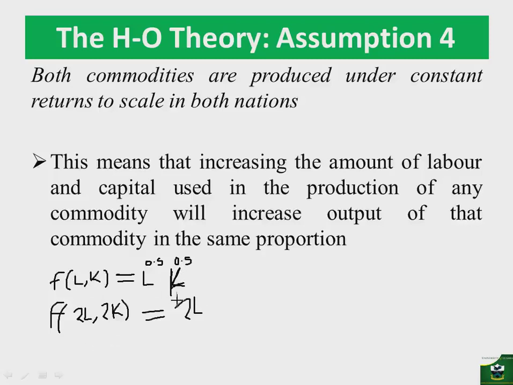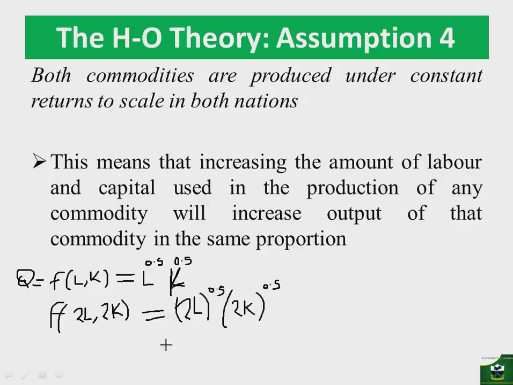Now that instead of having L, we have 2L, we are raising 2L to the power 0.5, and we are also raising 2K to the power 0.5. And remember that this is output Q.